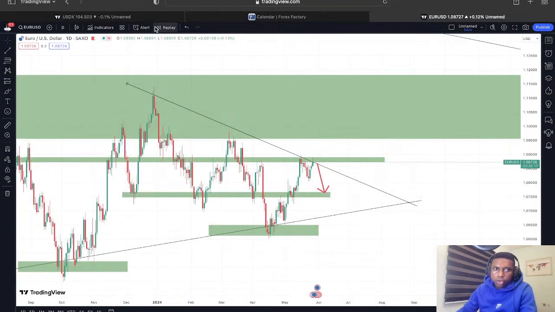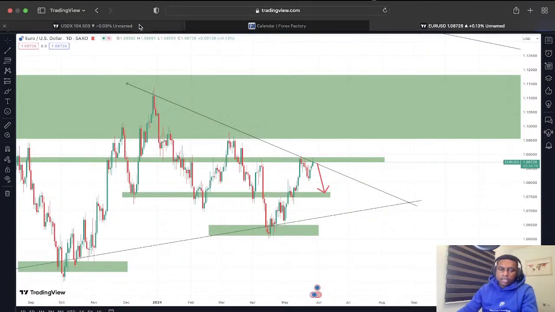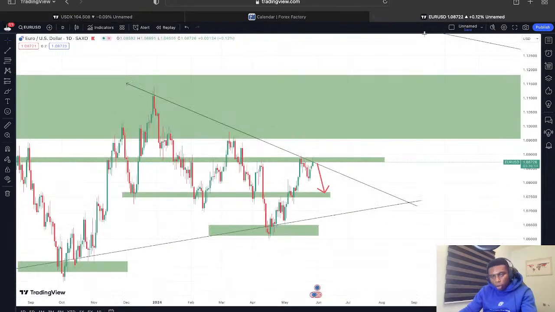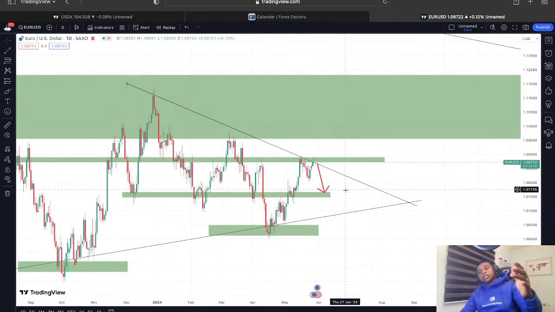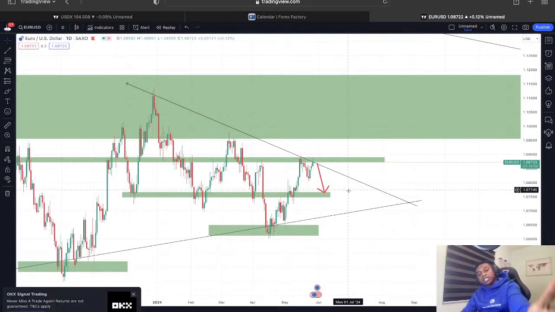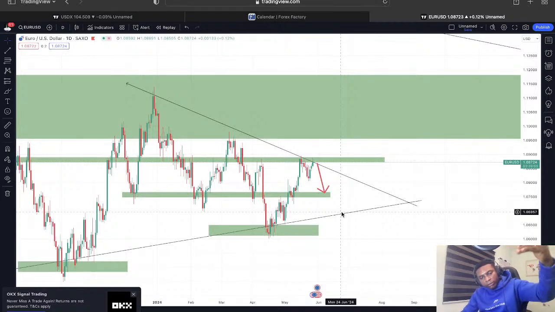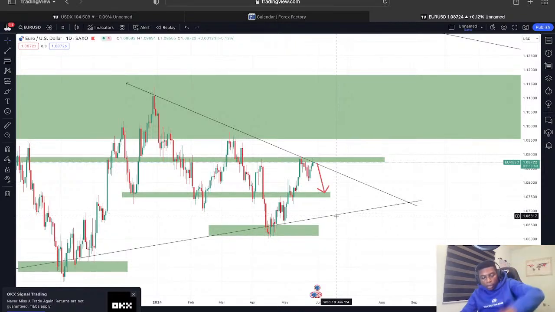So the strength of the dollar index will also reflect on the Euro USD chart, as the dollar on the Euro USD chart will be gaining more strength, and gaining more strength means that the euro will be falling as compared to the dollar, because there will be more people who are willing to sell the euro to buy the dollars.